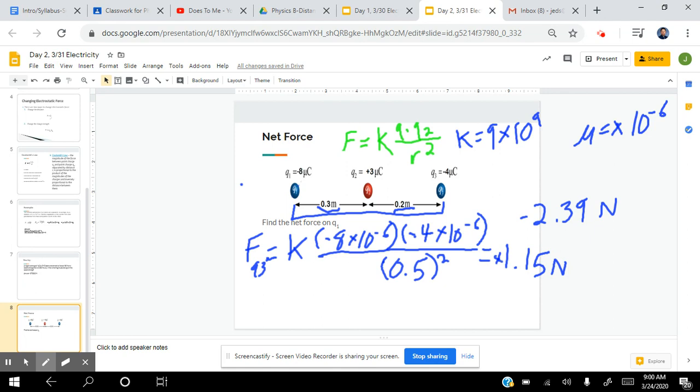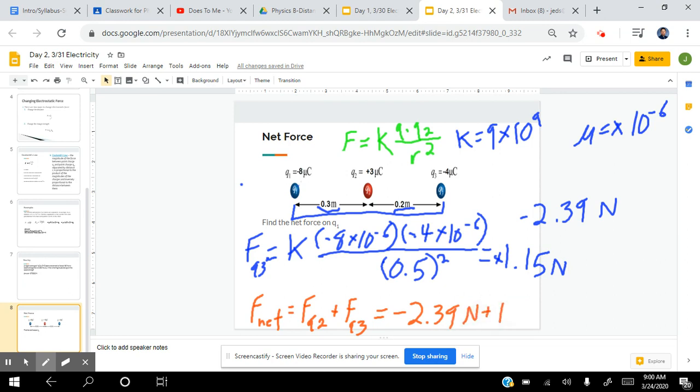We have a negative and a negative, so it's going to be a repulsive force. All right, so to find our final net force, because that's the whole idea here, is what we're trying to solve for, my net force, we said, is going to be that force of Q2 plus force of Q3.